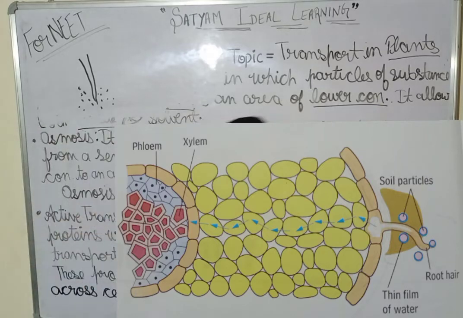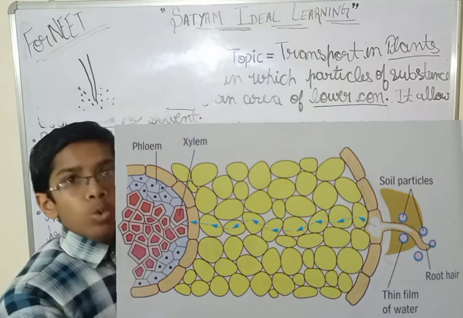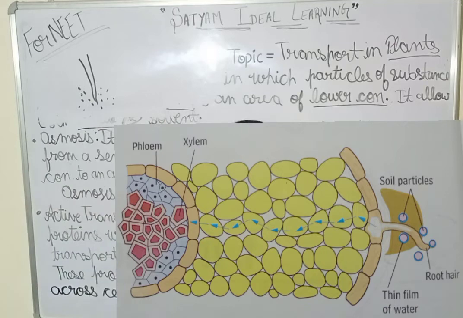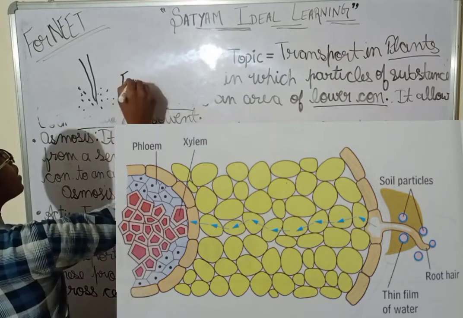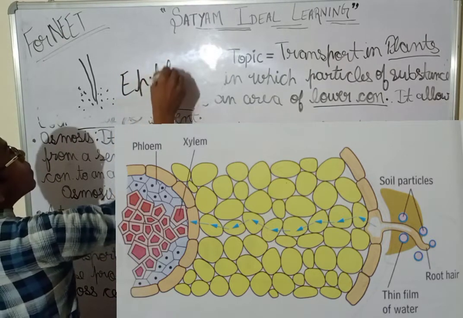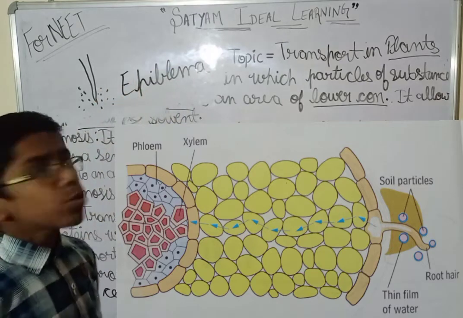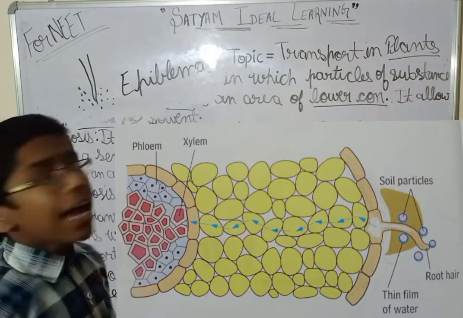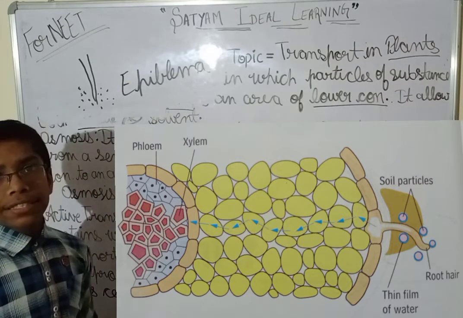See guys, water and minerals are absorbed by the root as well as the root hairs which come out from the roots. The skin of the root is known as epiblema. From this epiblema only the root hairs arise.